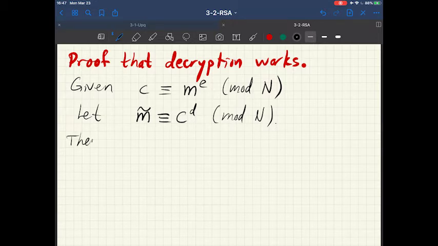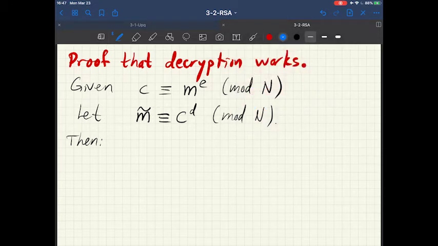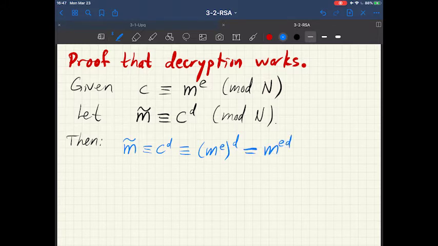So then we have this chain of congruences. m tilde is congruent to c to the d, which is congruent to m to the e to the d, which is of course m to the ed, all modulo n.